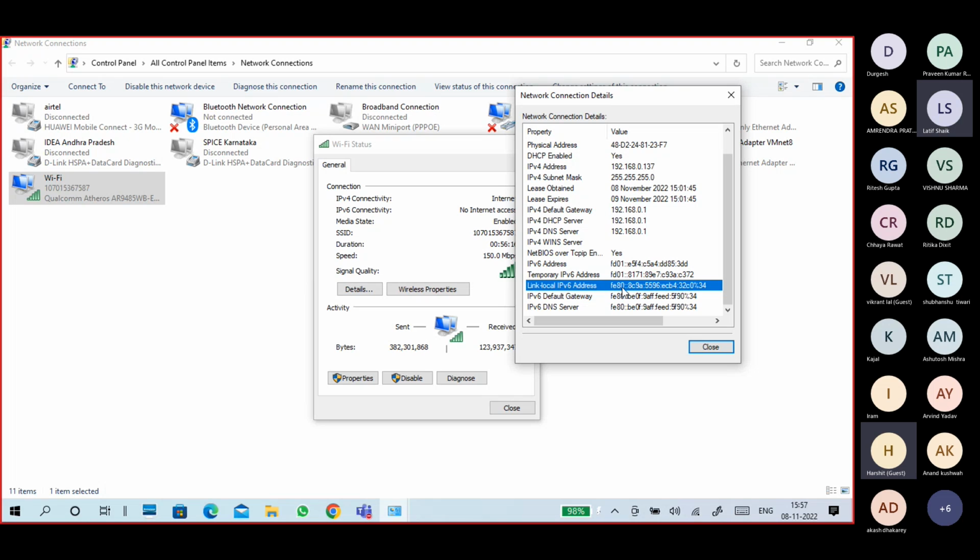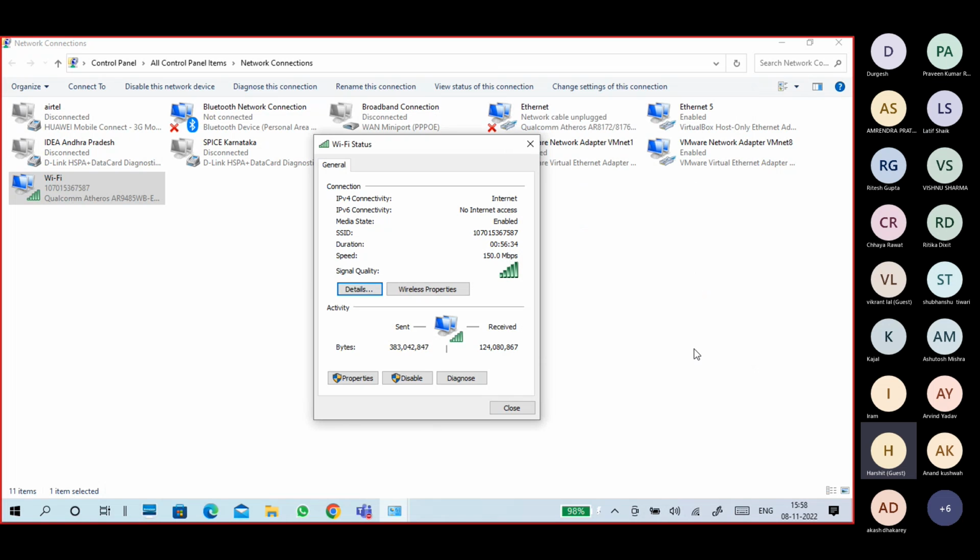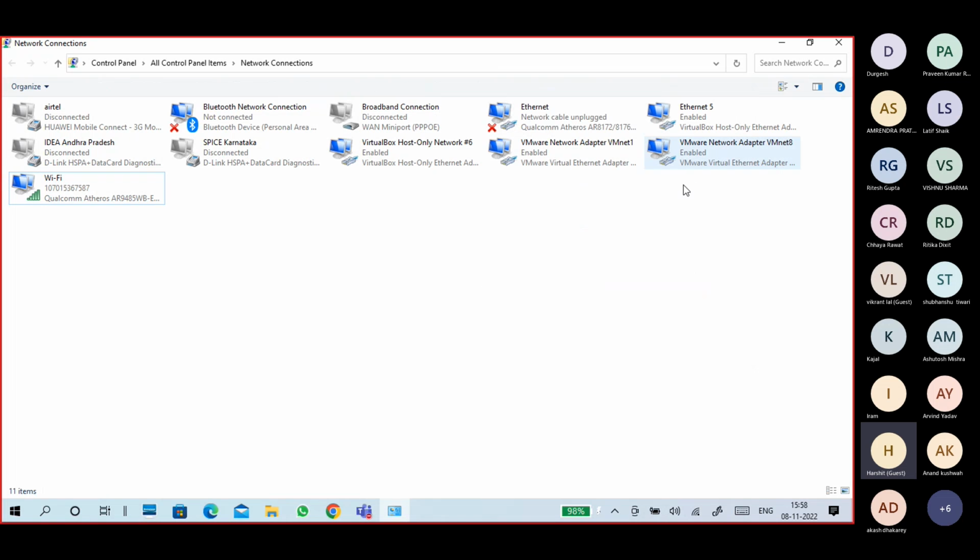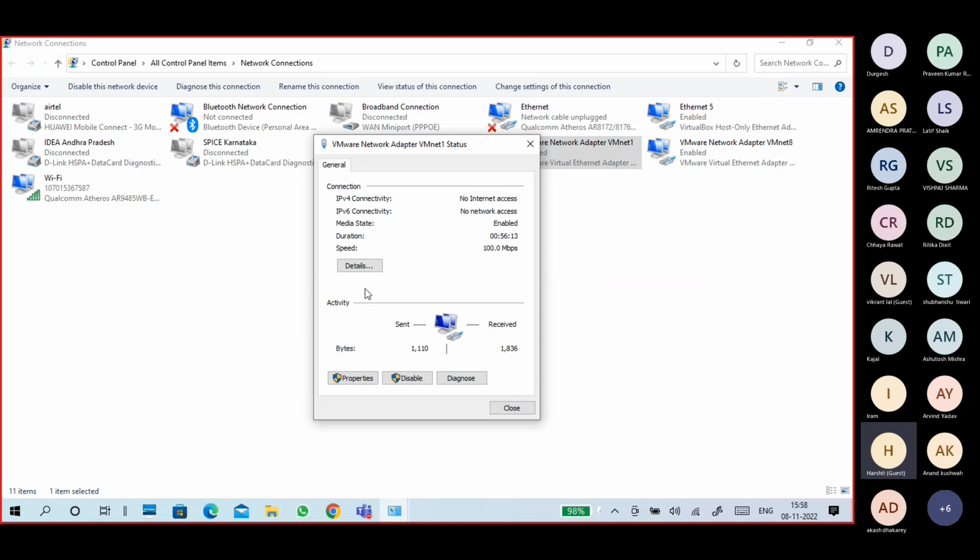It is almost stable. It is automatically generated, but it is still useful. We can communicate with this IP address in the LAN. Even if you don't have an IPv4 address, you can use this IP address for communication within the LAN. Very simple.